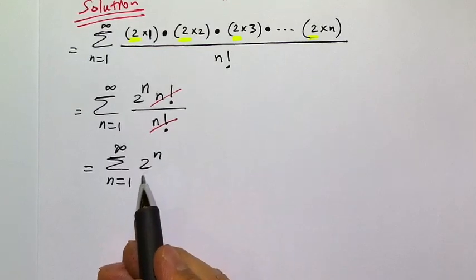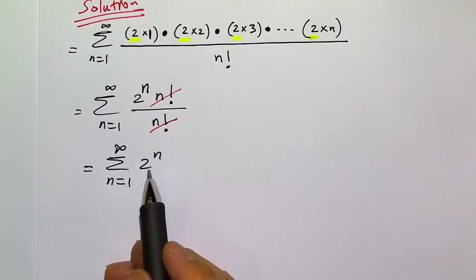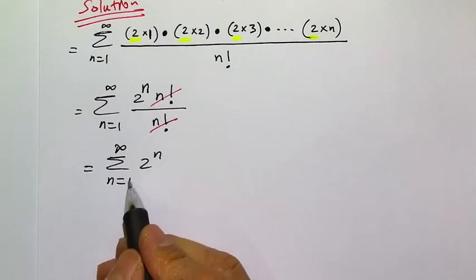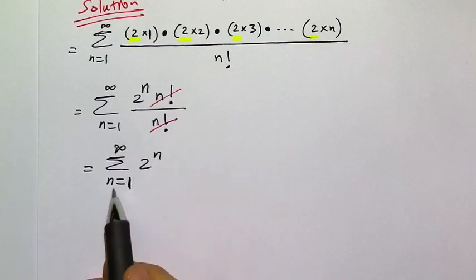Okay, this is clearly a divergent series, right? These terms are going to get bigger and bigger for every subsequent value of n.